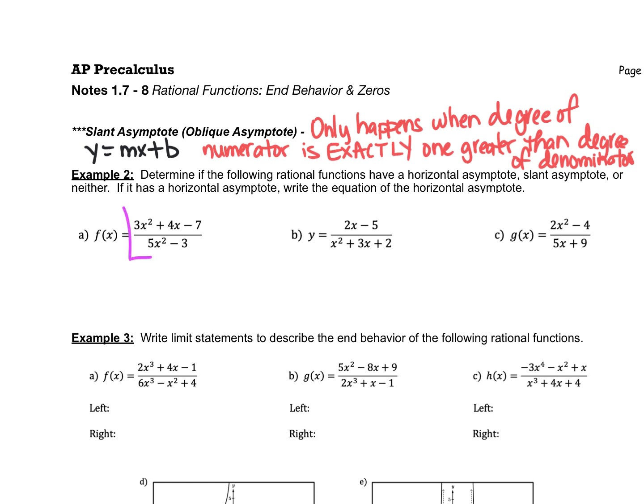What's true about the leading terms in the numerator and denominator for the first one? They're the same. So because they're the same, do we have a horizontal asymptote? We do, okay? Our horizontal asymptote is the ratio of the coefficients. So what would that ratio be? 3/5.